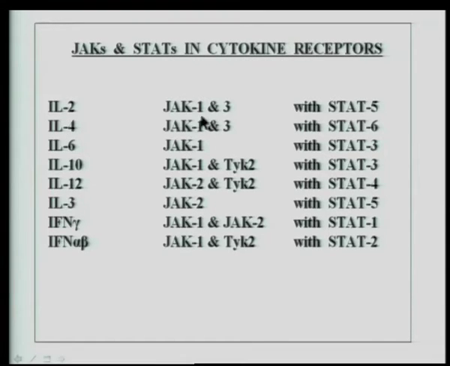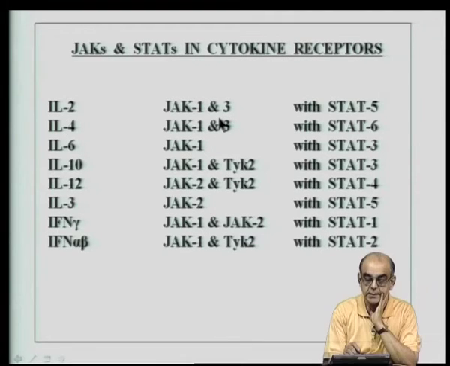So, if you were to look at the different kinds of Janus activated kinases or STATs that are involved for the different kinds of cytokines, you find the list given over here. For IL-2, it is JAK1 and JAK3, which are associated with the receptor subunits, and downstream events include STAT5.